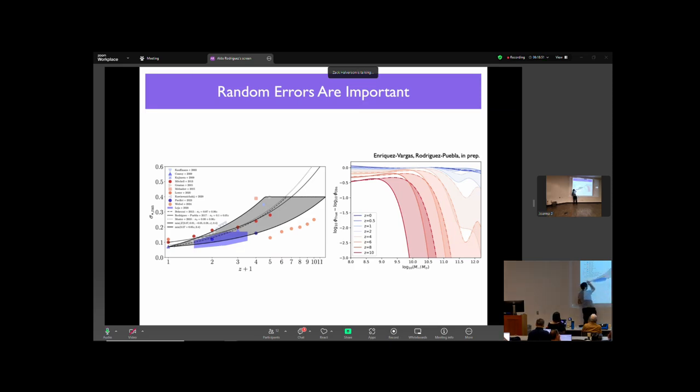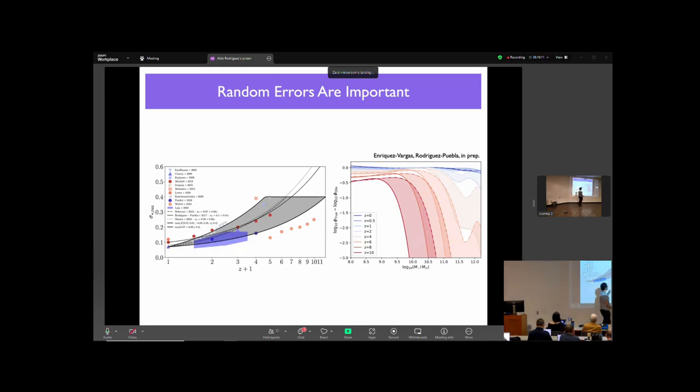So we decided to define this region as our region of uncertainty. I don't necessarily believe that these are correct, because they look more or less the same as the random errors at redshift 0, but we decided to be more conservative by having this area here.